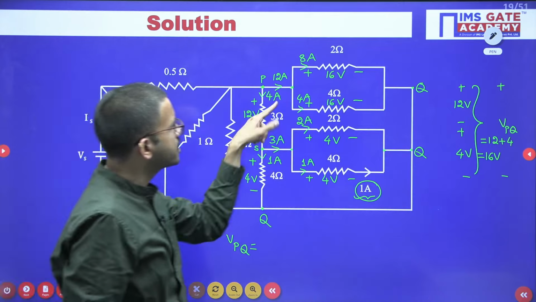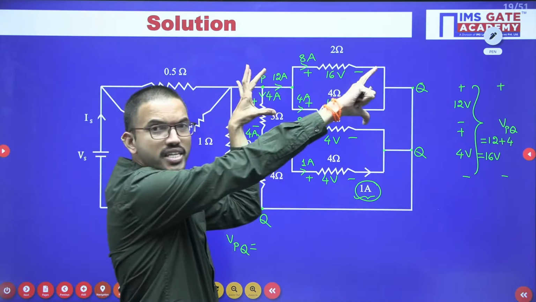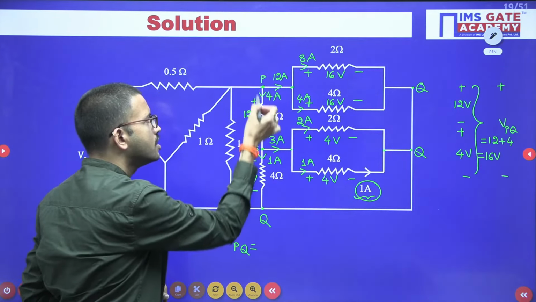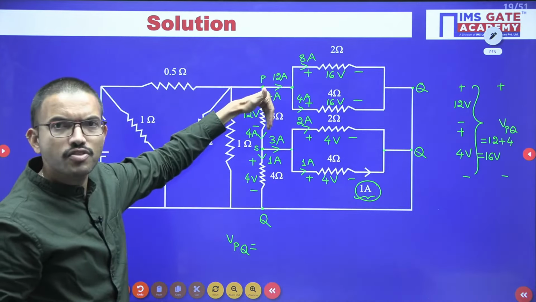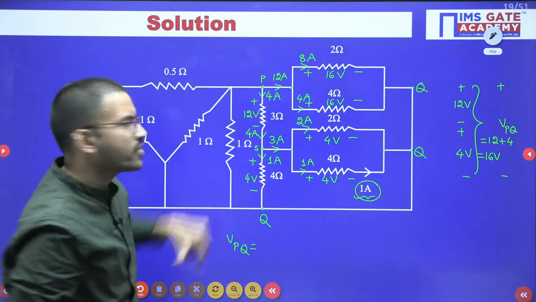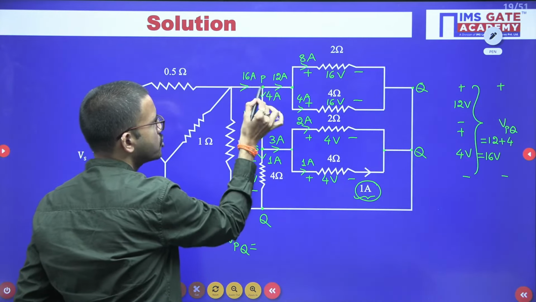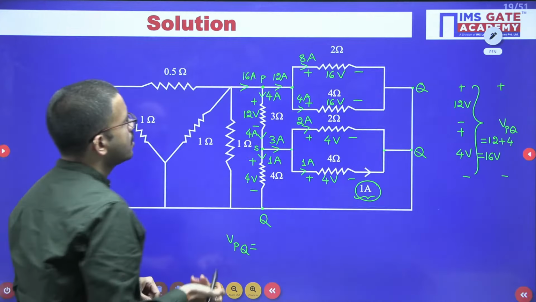I hope all of you are getting clarity. If 12 ampere is coming, then together 12 ampere can leave. Now, from this node, in this branch 12 ampere is flowing, in this branch 4 ampere is flowing. Together 16 ampere is leaving. That means here 16 ampere should enter. Then only together 16 ampere can leave.